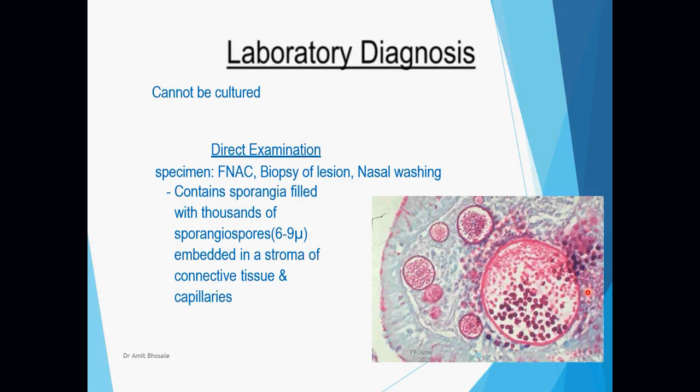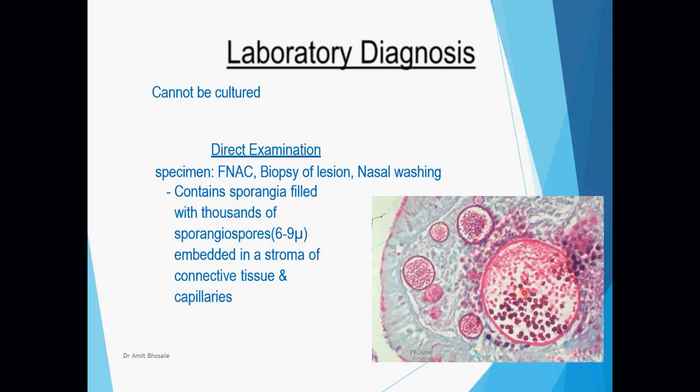The direct examination shows sporangia filled with thousands of sporangiospores. So this big structure is a sporangium, one sporangium, and in that there are thousands of small sporangiospores.